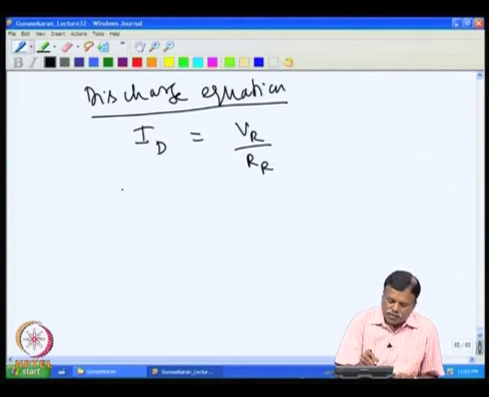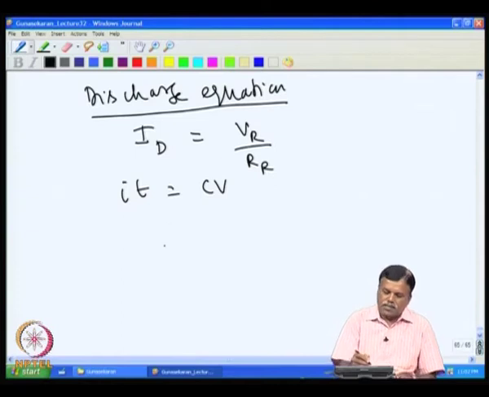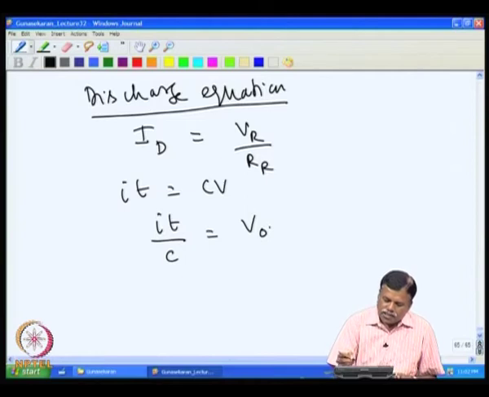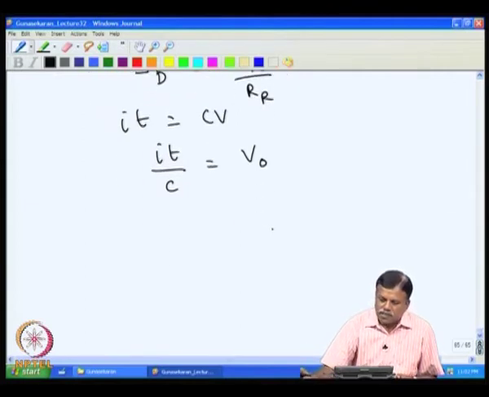Using the same capacitor equation, I t is equal to C V, we can write out the time to discharge. Again the same equation comes, I t by C is equal to V naught. Now, the charge delivered to the capacitor when S1 was on must be equal to the charge that went out when the capacitor completely discharged.